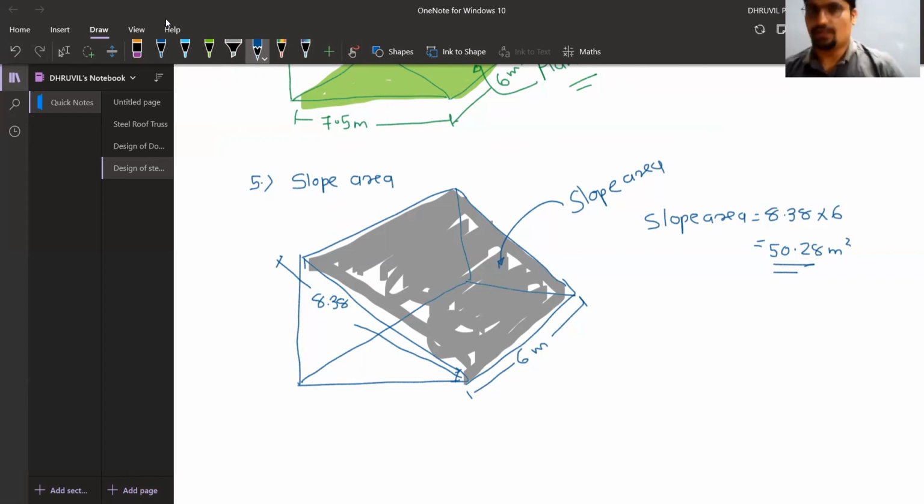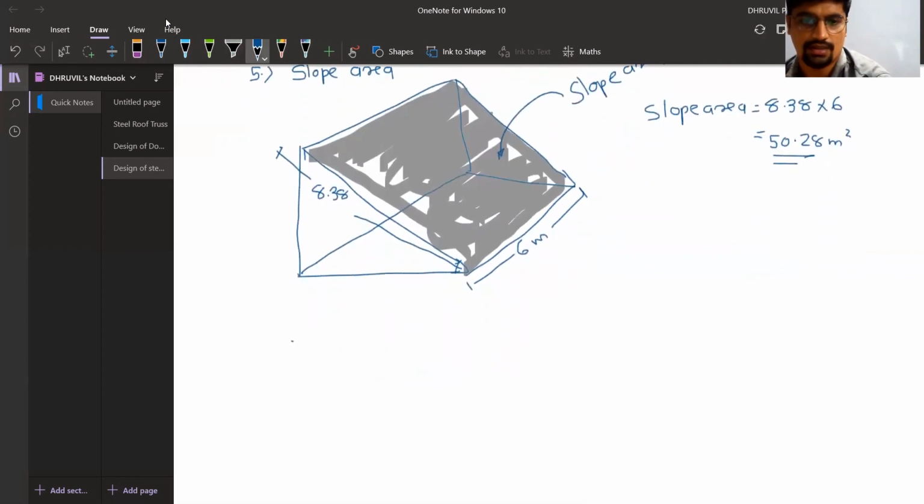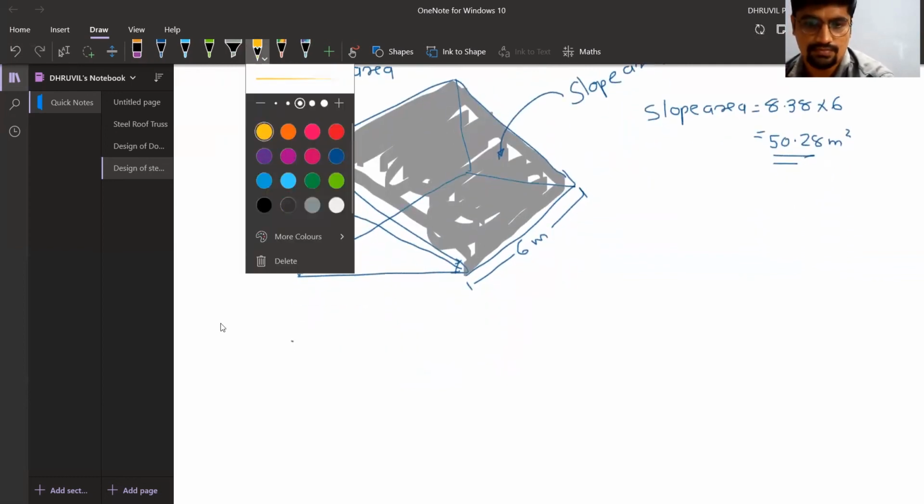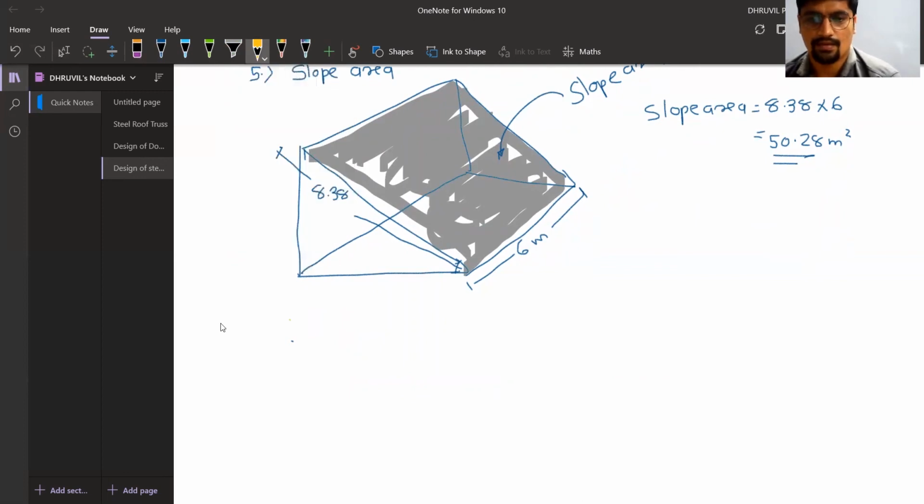Now we have fixed all the configuration. Let's summarize what we have found. First, central rise, which is 3.75 meter. Then length of PR, which is 8.38 meter.